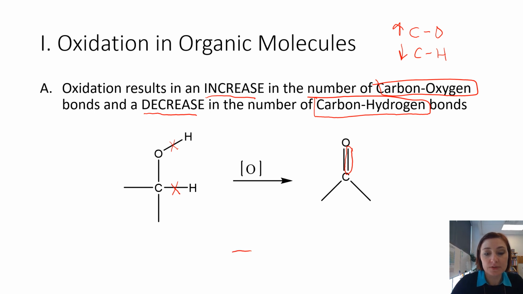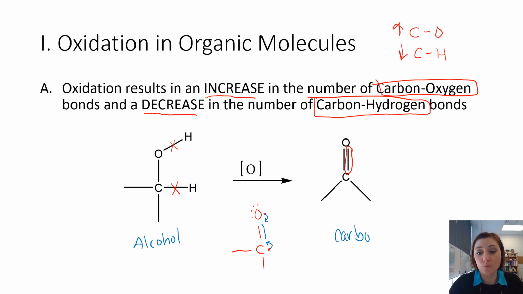When you lose those two hydrogens, we have an opening here and here. Those valence electrons are going to come into this double bond and be shared between both the carbon and oxygen so that they can maintain their octet. So we will start with an alcohol and we will end with a carbonyl when we oxidize.